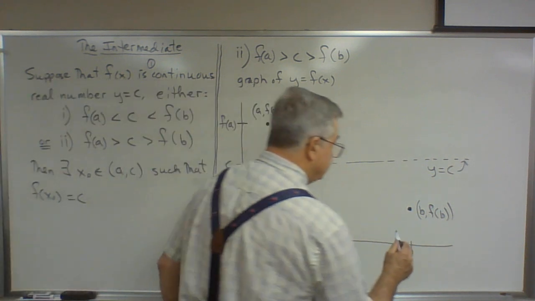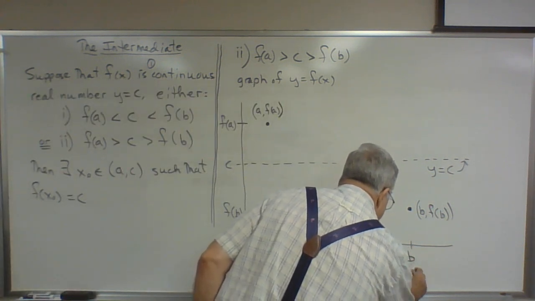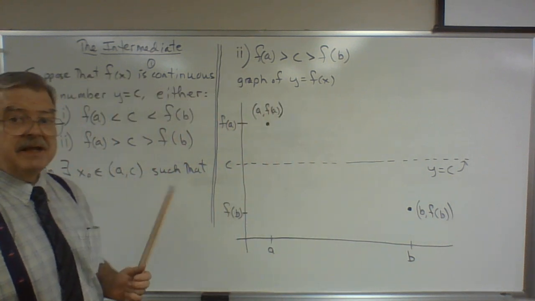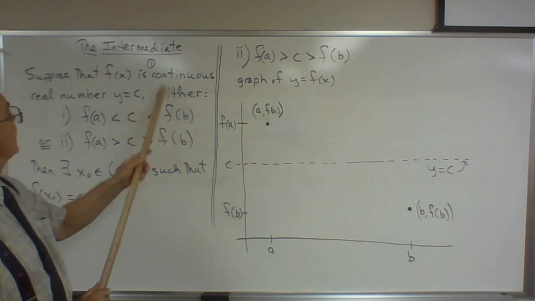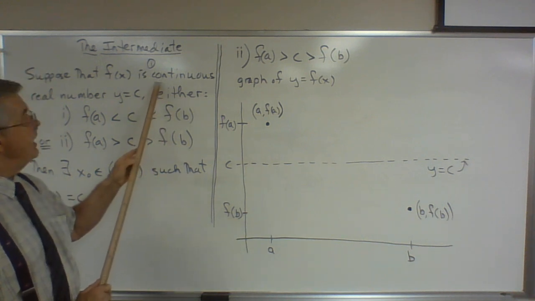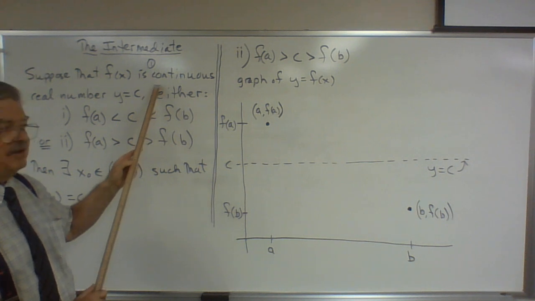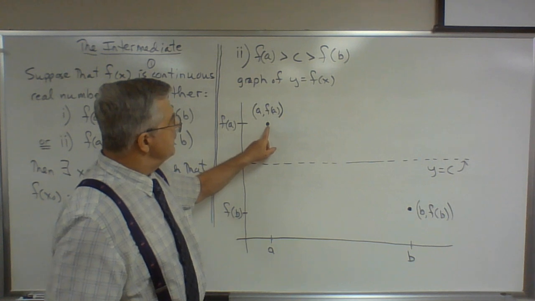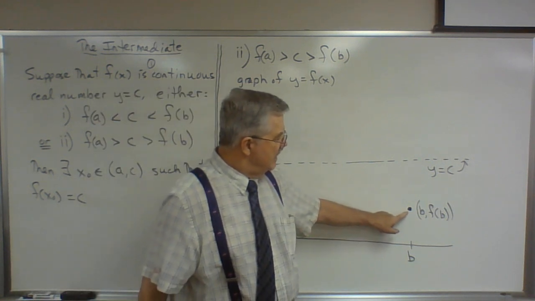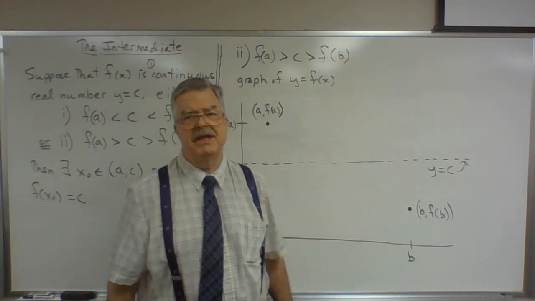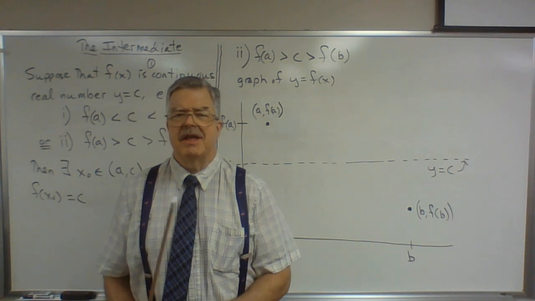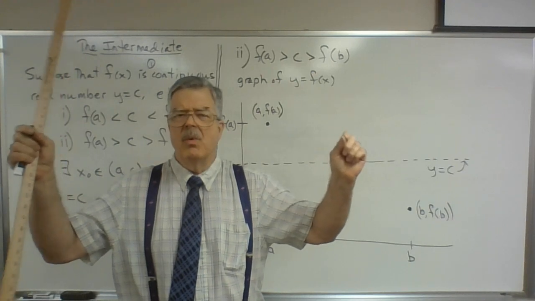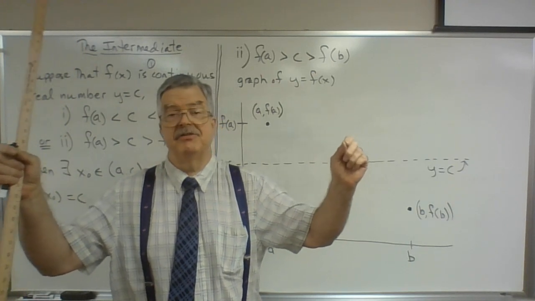And let me sneak this in. There we go. And again, f of x is continuous, which means that this point (a, f of a) and this point (b, f of b) are joined together by a graph that's one connected piece, one long connected piece of spaghetti.